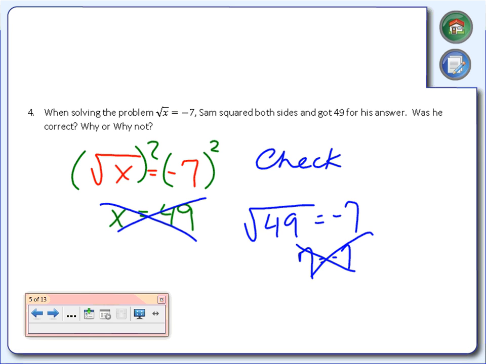It doesn't work when you plug it back in. So in this particular case, number 4 has no solution. So unfortunately, he was wrong. And the reason he was wrong is because the square root of 49 is 7, not a negative 7. So when you're working with these square root equations, you must check your solutions. You've got to go back and plug them in. Because sometimes they don't work out.